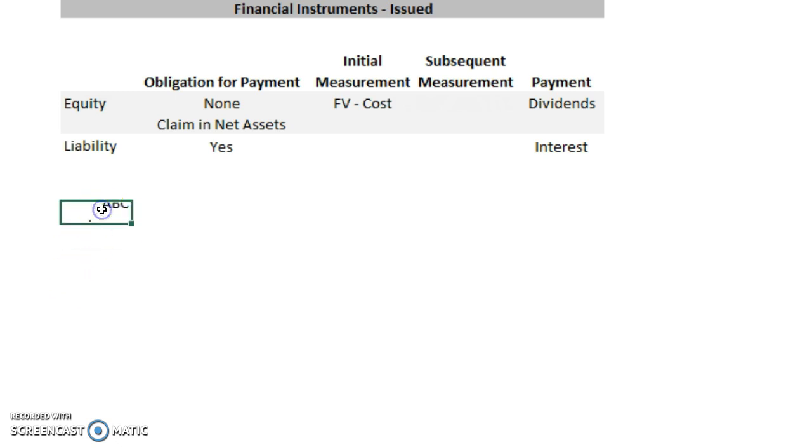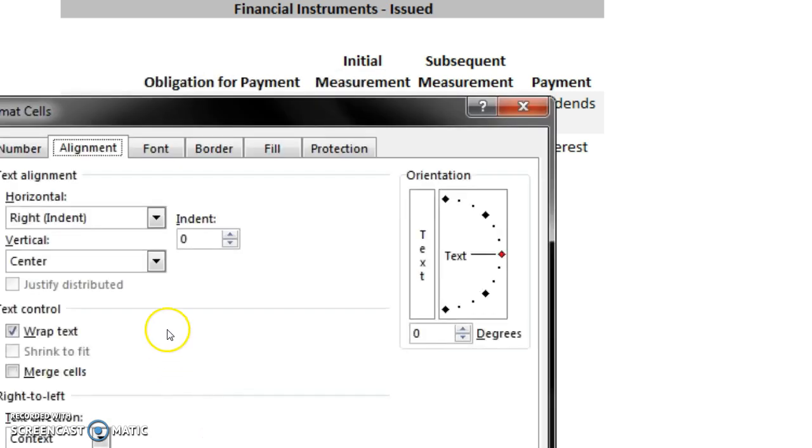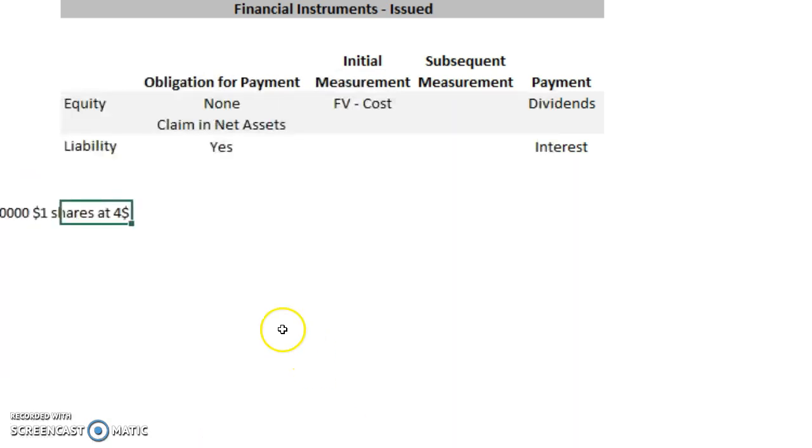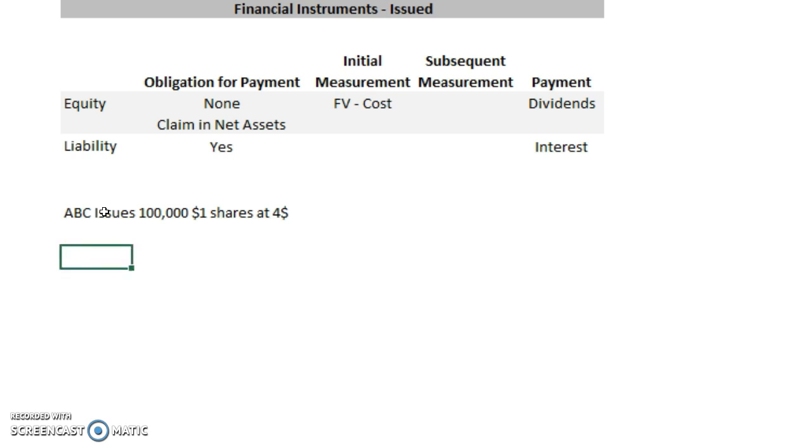Okay, so let's just format that. So the company ABC issues 100,000 $1 shares at $4. So what's the accounting for that?